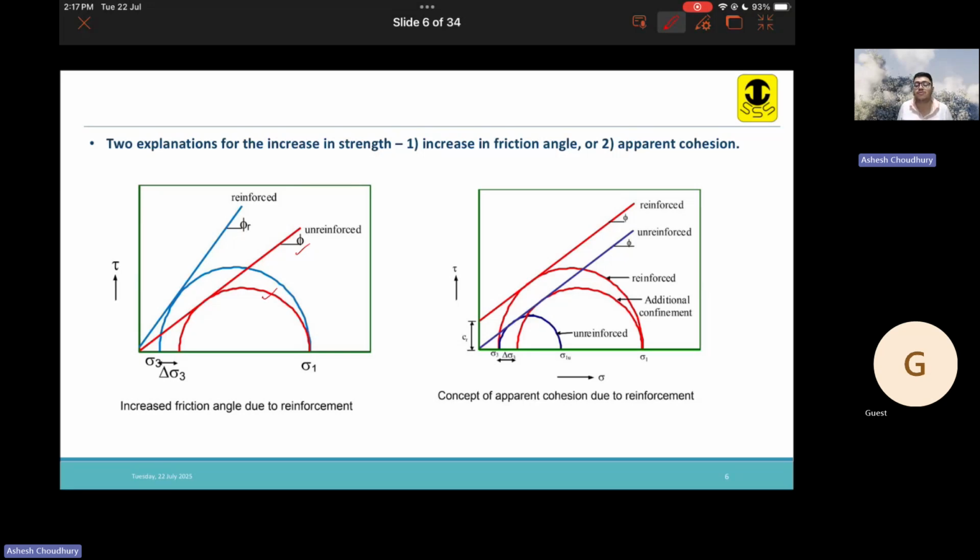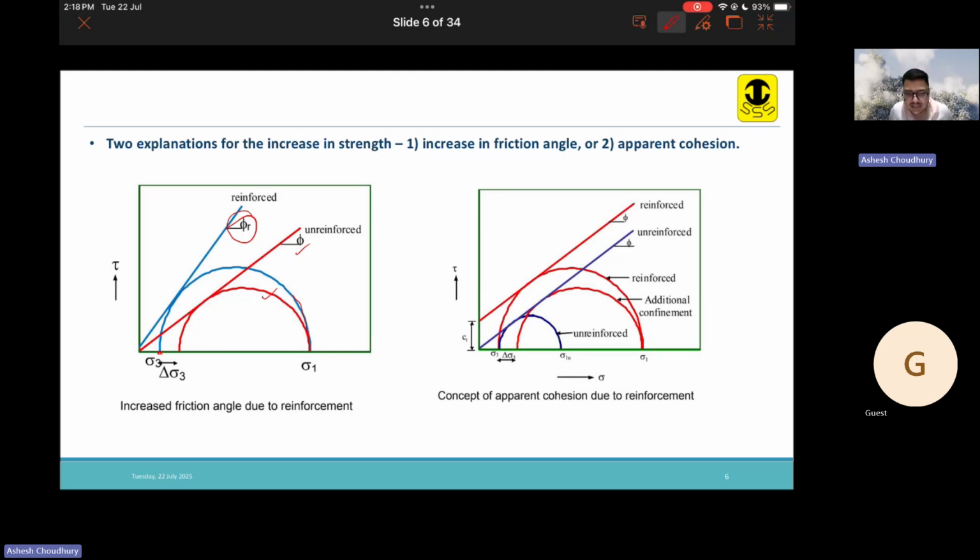So before, for unreinforced, we needed a sigma 3 of 50 kPa for that soil to fail at 100, but for the reinforced case we need only a sigma 3 of 25. If we draw this, we get an increased friction angle. That is one of the explanations that we can give.